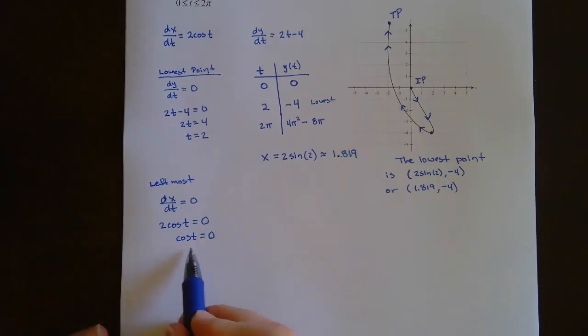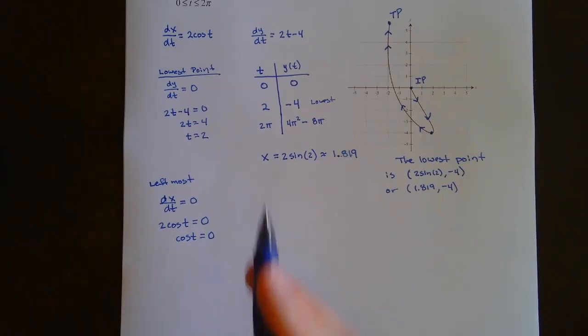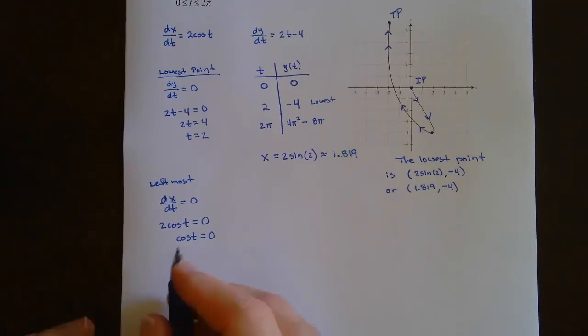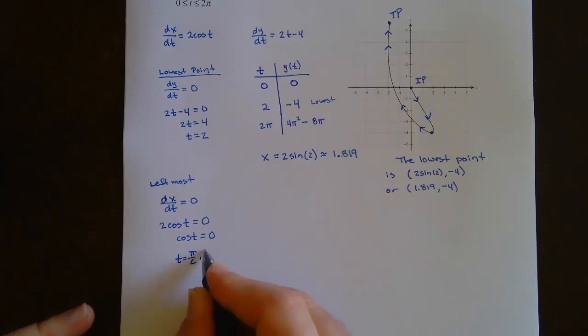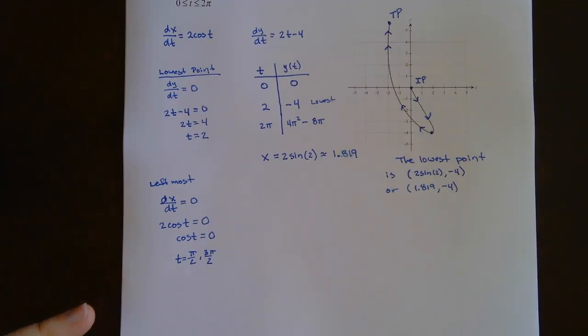What angle for t would give you a cosine ratio that is 0? And we have to look between 0 and 2 pi. This would be t is equal to pi over 2 and 3 pi over 2. So there's 2 of them that we're going to have to check, right?